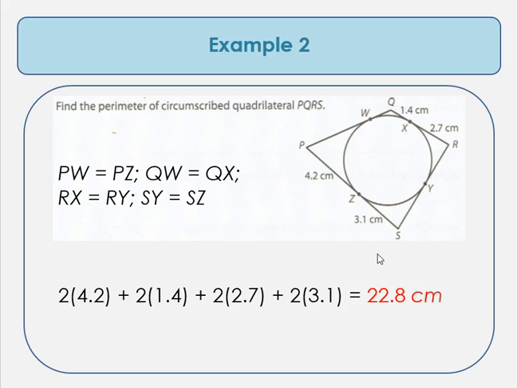Let's look at example 2, and here we have a quadrilateral, and it has a circle inscribed inside. So that means that you will be set with congruent segments. Now, this quad obviously is not a regular quad, so what will be happening is it will have different congruent marks.